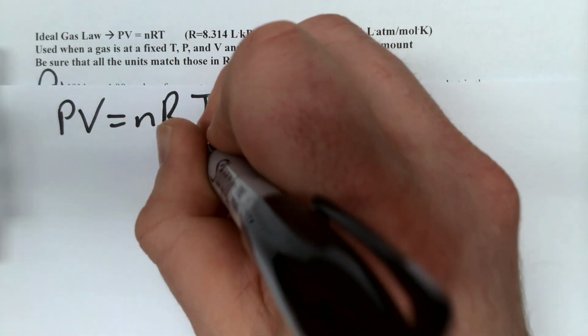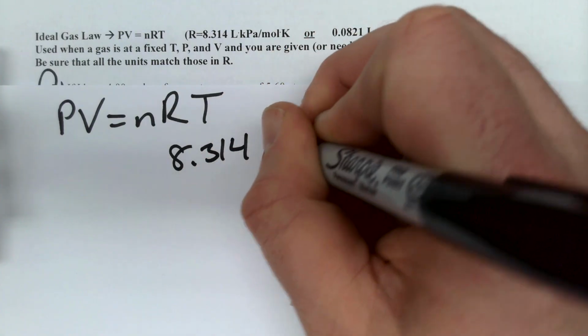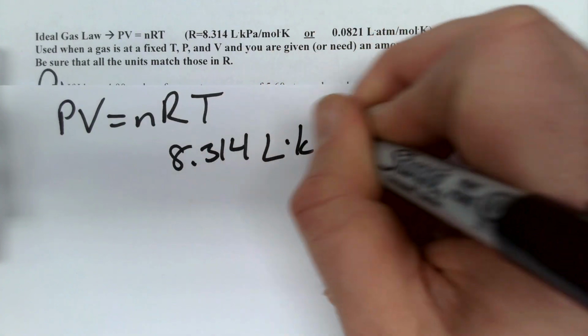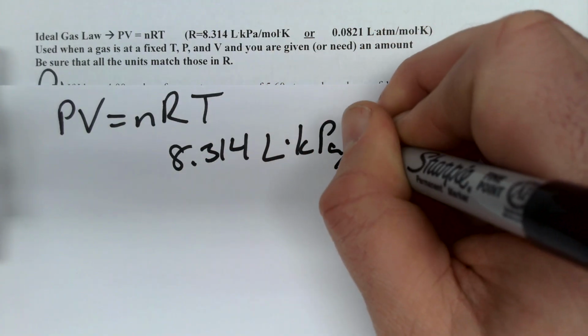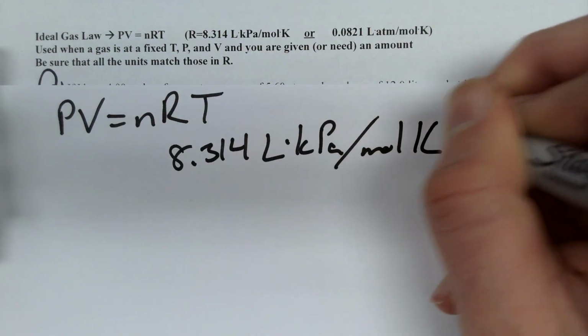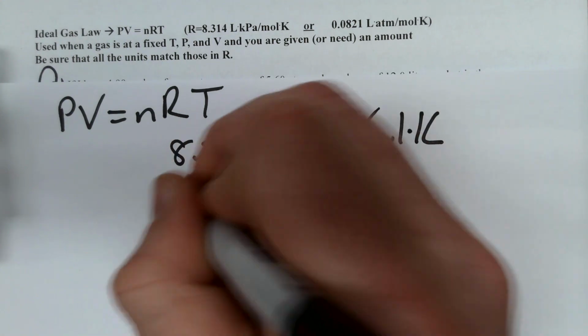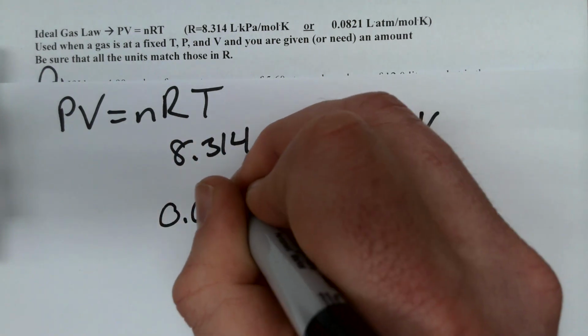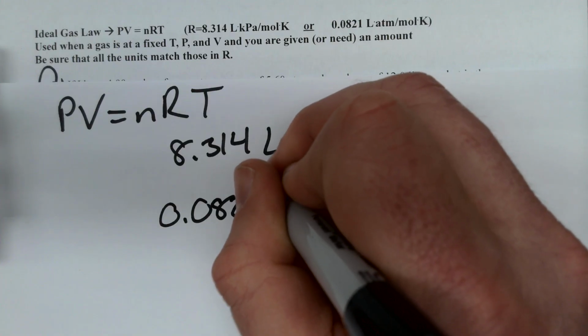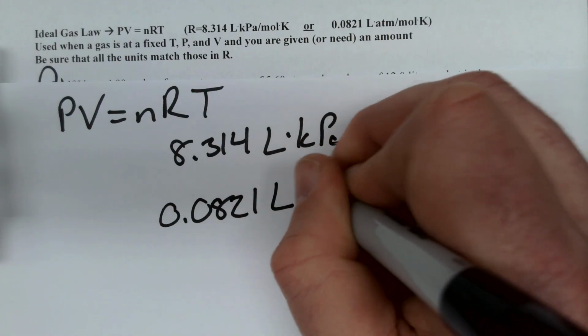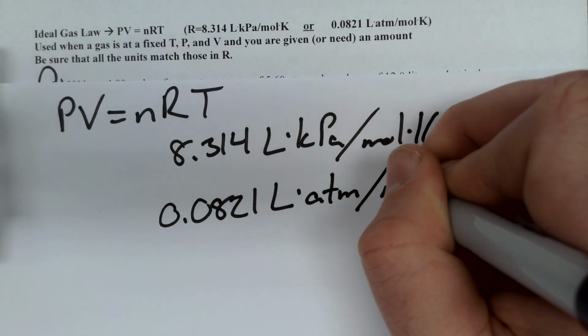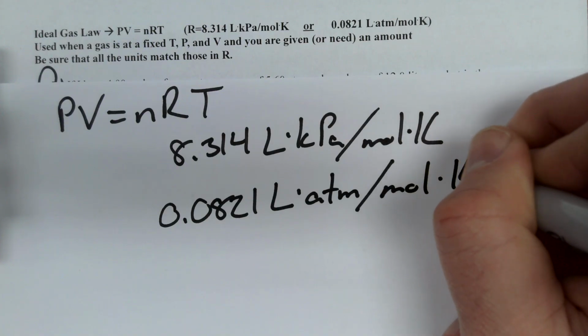It's either going to be 8.314 liters times kilopascals divided by moles times degrees Kelvin, or 0.0821 liters times atmosphere divided by moles times degrees Kelvin.